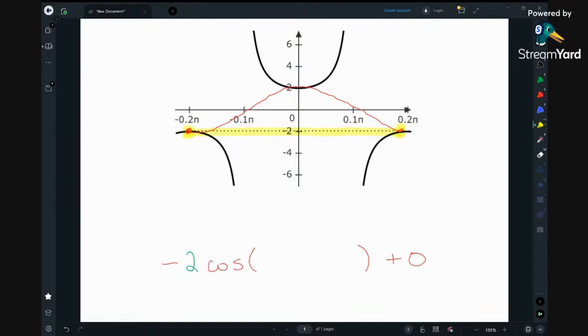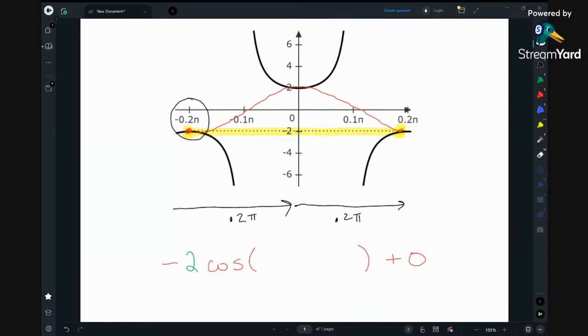That's what I crave. Why do I crave that? Well, that's going to be the period of the cosine. It's going from minimum to minimum. So if I'm starting at -2/10 pi and I think about going to 0, that's 2/10 pi. And then I want to go to here. That's another 2/10 pi. So in total, 0.4 pi.